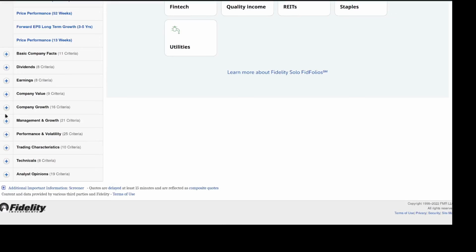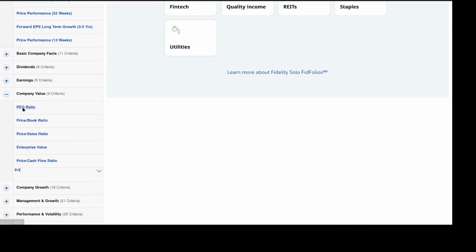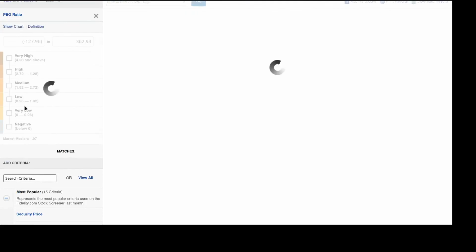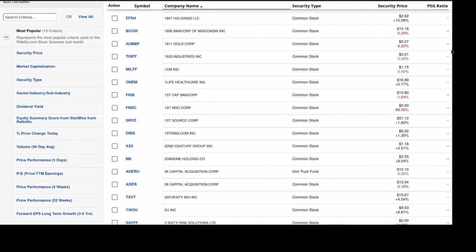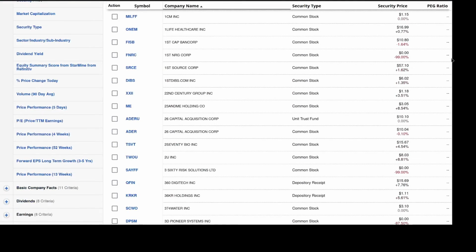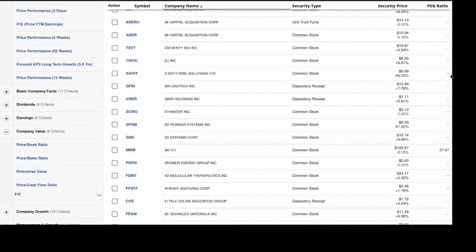Like if you go to valuation, company value, here you can find all this information, and I still can't even find price to book value, price to sales. Where is that? Price, performance.